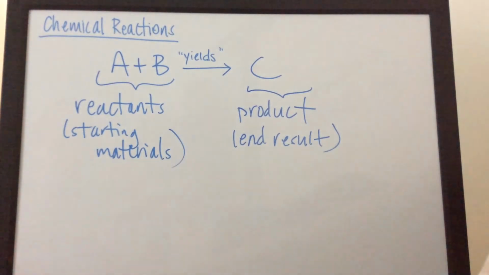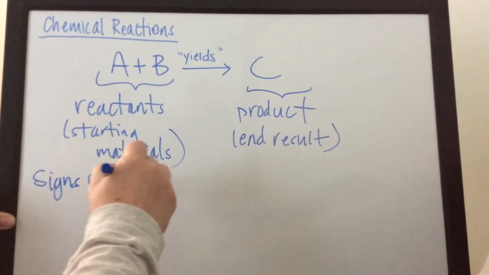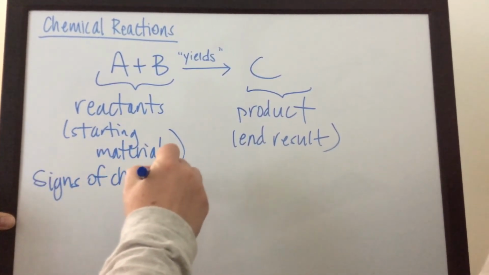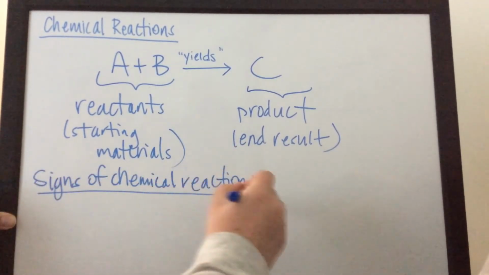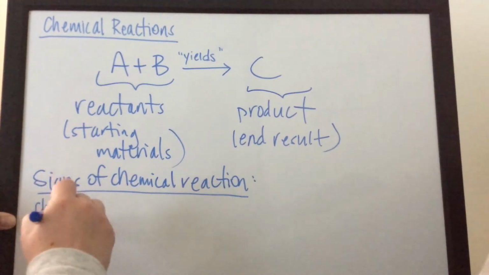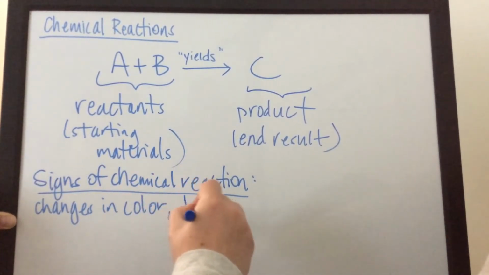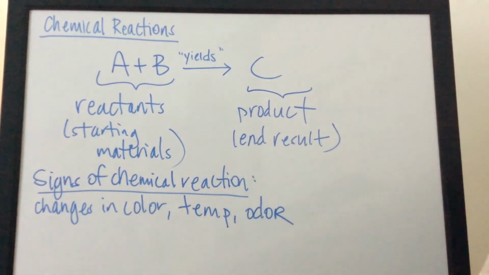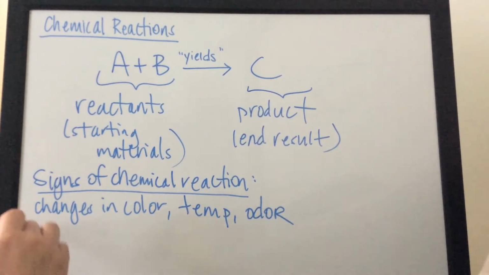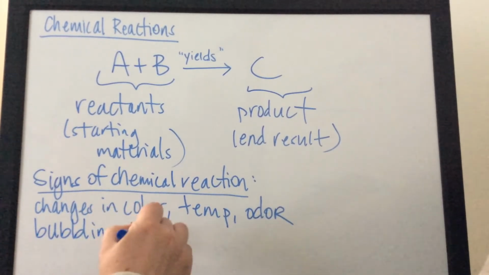In the past we've learned some signs that a chemical reaction has occurred. So we'll just list them real quick. We have learned that changes in color, changes in temperature, changes in the odor or the smell of something can all signal that a chemical reaction has occurred. Bubbling means that we have produced a gas.